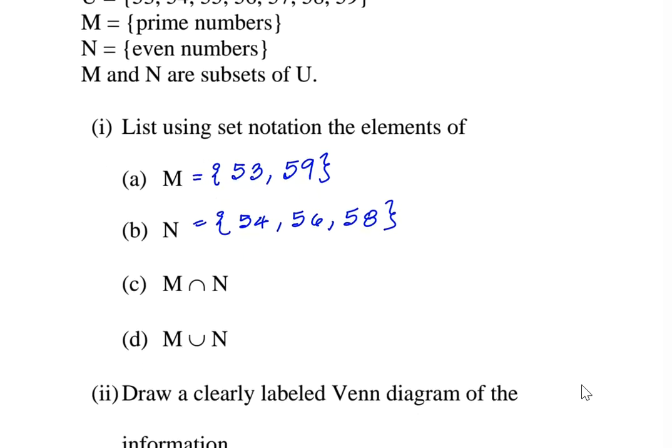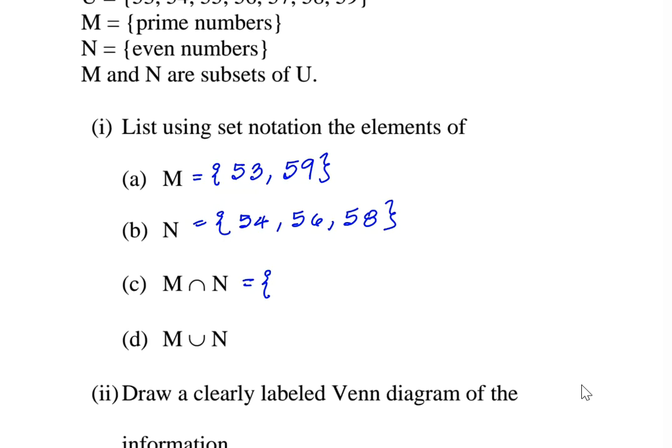All right. Next, we need to list all the elements of M intersect N. If we wish to list the elements of M intersect N, we need to look at M and N and identify all the elements which are common to both M and N. If we look carefully, we can see that there are no elements which are common to both.